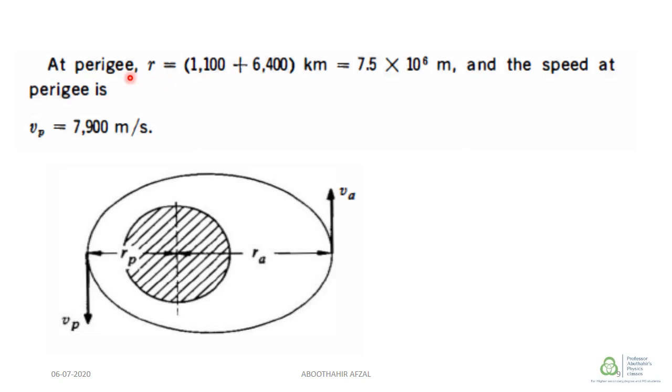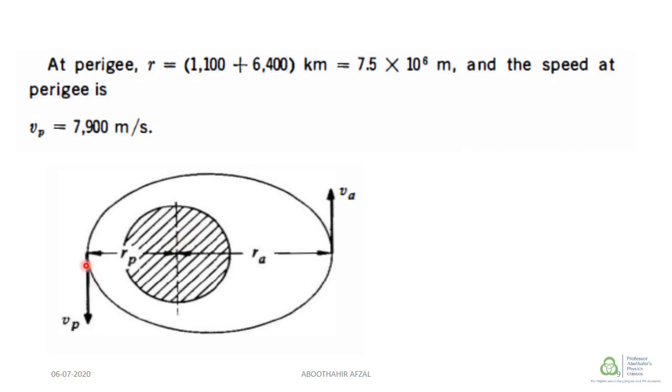At perigee, r is 1100 plus 6400 kilometers, that is 7.5 × 10⁶ meters. So the total distance of the satellite from the center of Earth is 7.5 × 10⁶ meters, and the speed at the perigee, Vp, is found to be 7900 meters per second.